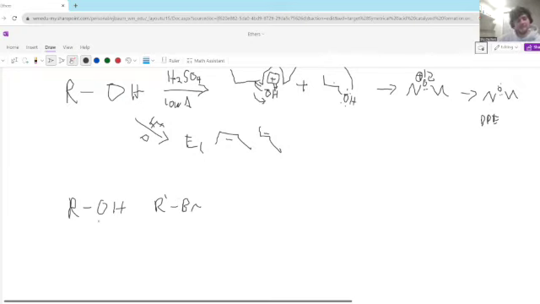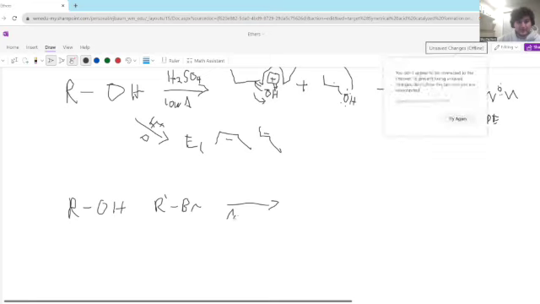The idea is the alcohol will attack the alkyl halide, and then the halide, or its conjugate base, will take the H. Usually in solution, you can get away with diethyl ether as the solvent, but usually what you're supposed to do is use the conjugate base of the alcohol, because that conjugate base will easily take that H off.